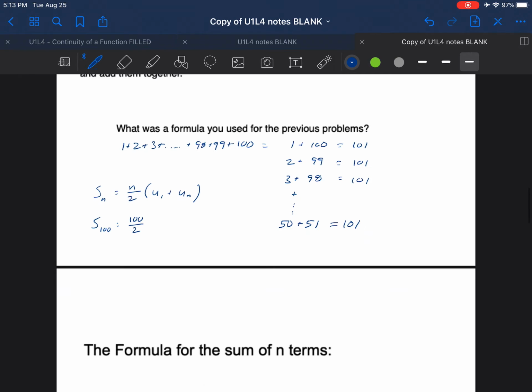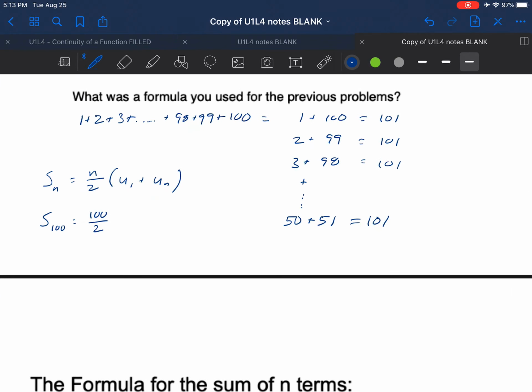That generates our 50, so this part generates our number of terms. And then 1 plus 100 generates the value of the sum of each pair. So this equals 50 times 101.